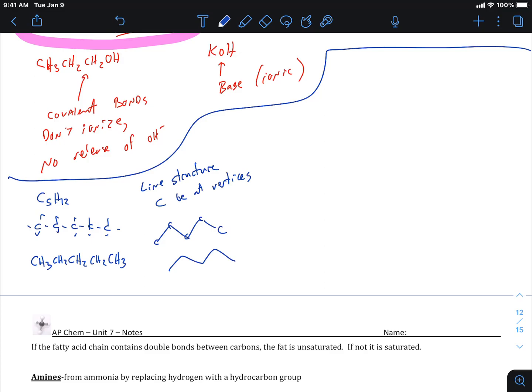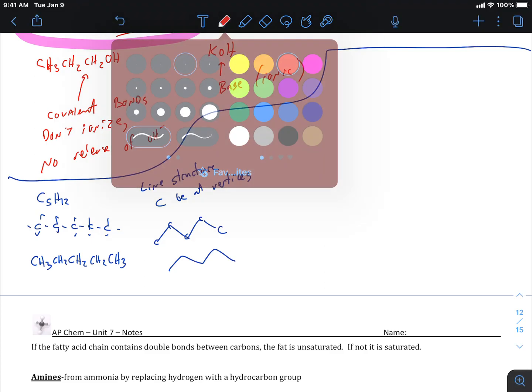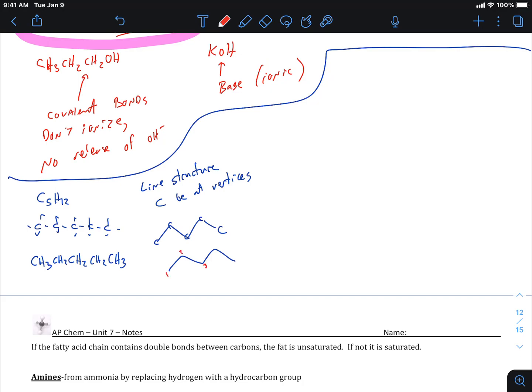How did I know it's pentane? There's 5 vertices, right? 1, 2, 3, 4, 5. So line structures are very, very efficient ways of drawing simple organic molecules. Okay, so be prepared to see these and know what is being shown.